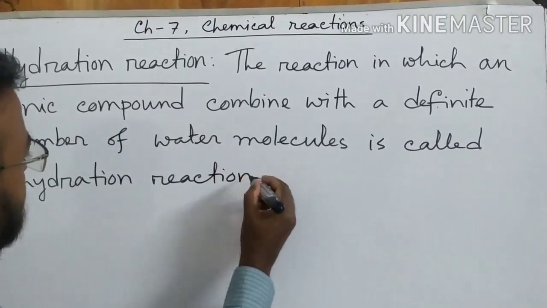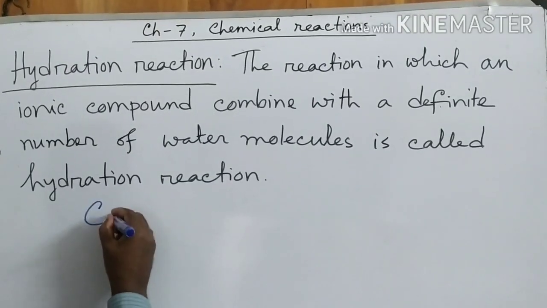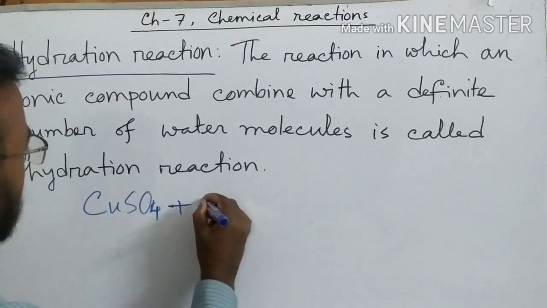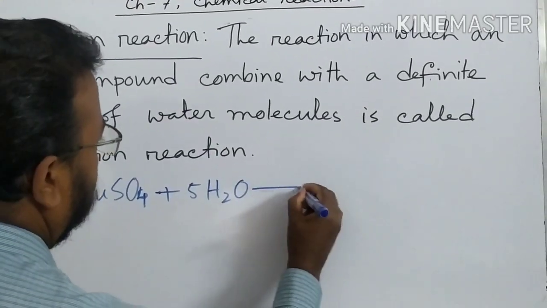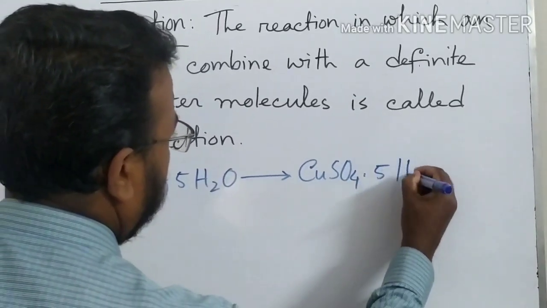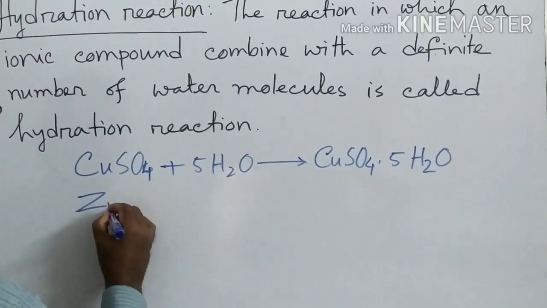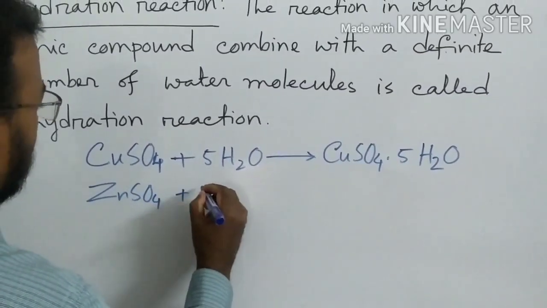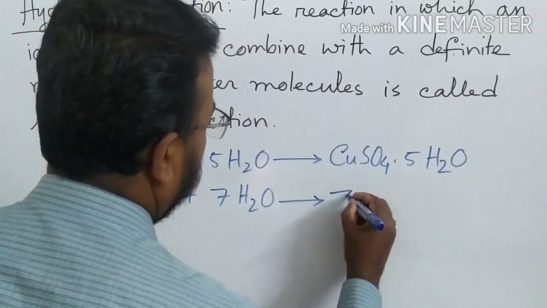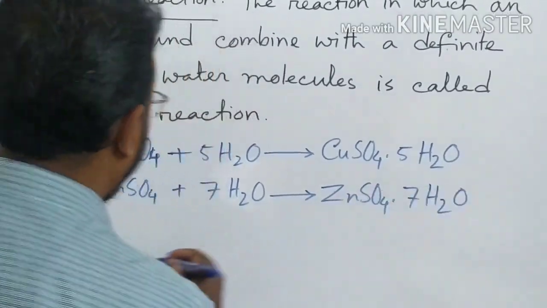Okay, now example, everybody see that it is copper sulfate plus 5 molecules of water. So it will be copper sulfate with 5 molecules of water. Then zinc sulfate plus 7 molecules of water. Then ferrous sulfate with 7 water molecules.